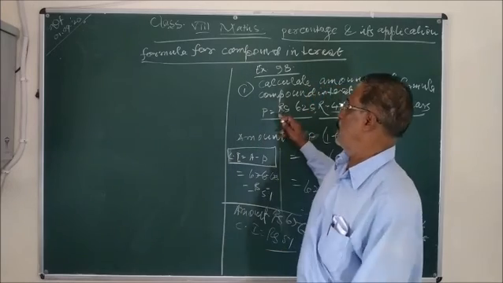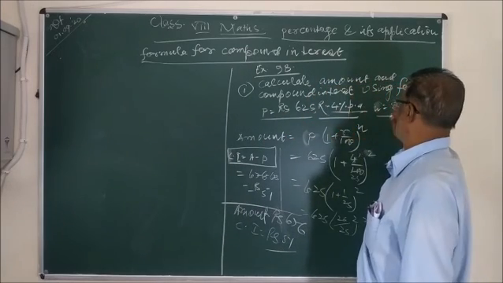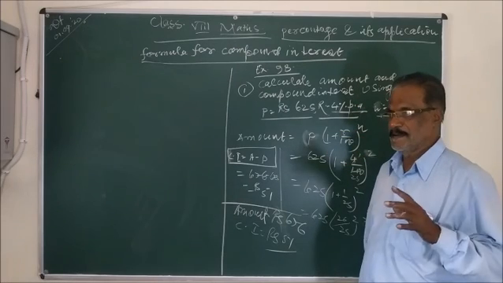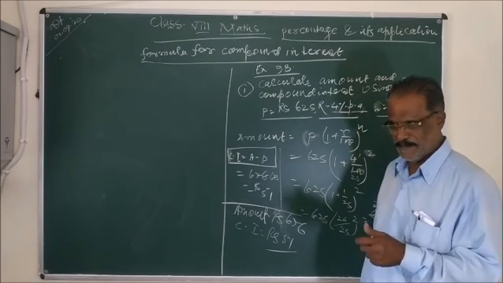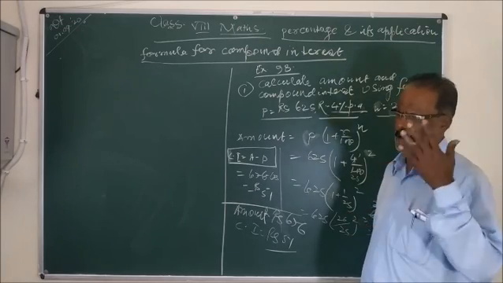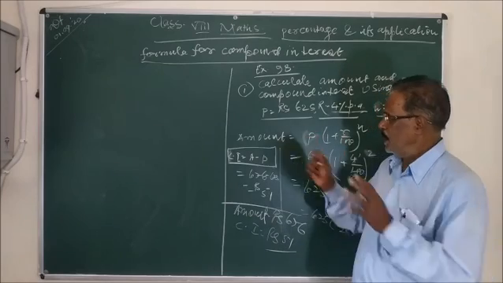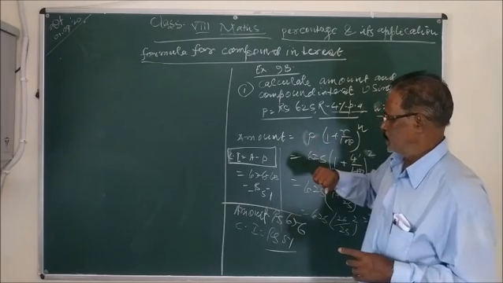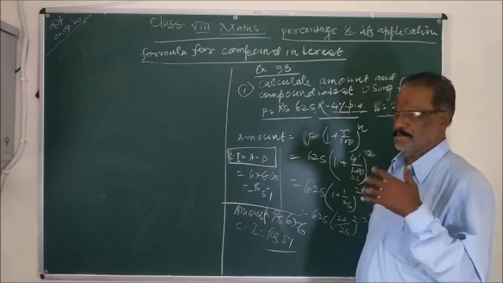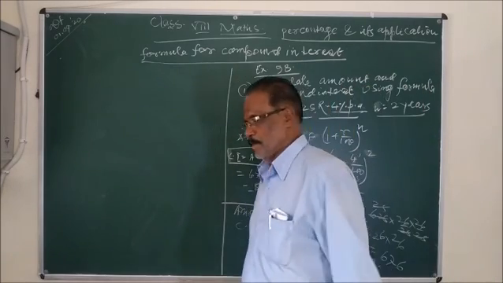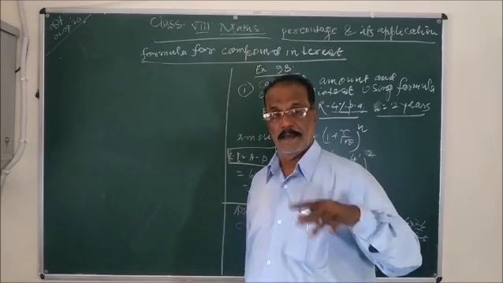Suppose you have to find the interest for 4% half yearly. So I will explain this next time. Today that is enough. Tomorrow and in coming days I will explain when the interest is compounded quarterly or half yearly.